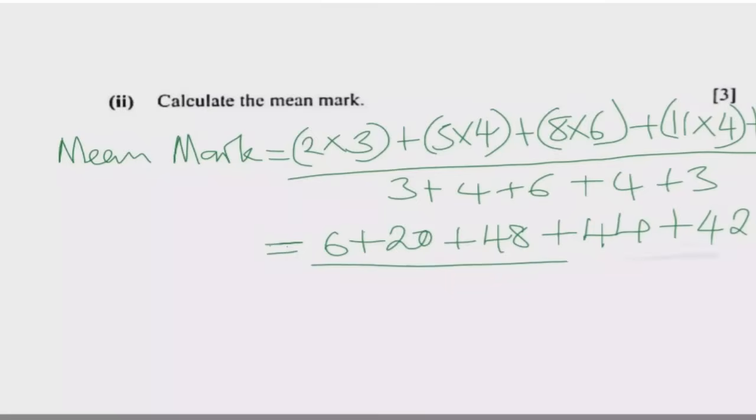The whole of that over 3 plus 4 is 7, 7 plus 6 is 13, 13 plus 4 is 17, plus 3 is 20. So over 20.